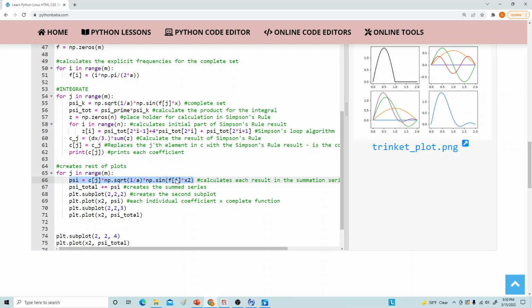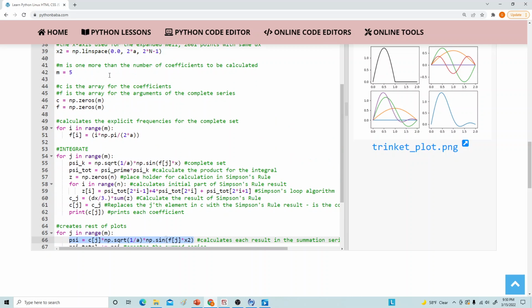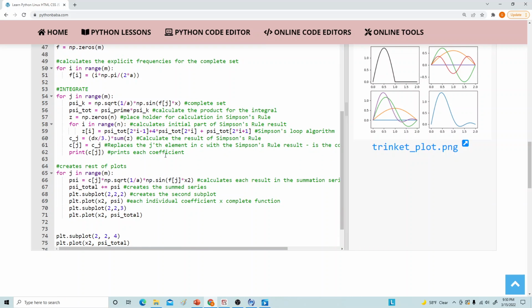So this is the first coefficient multiplied by square root of 1 over a, np.sin of 1 times pi over a times our x2 length. Okay. So that's why we're going from 0 to 2, because we're indexing this over the x equals 2 array.